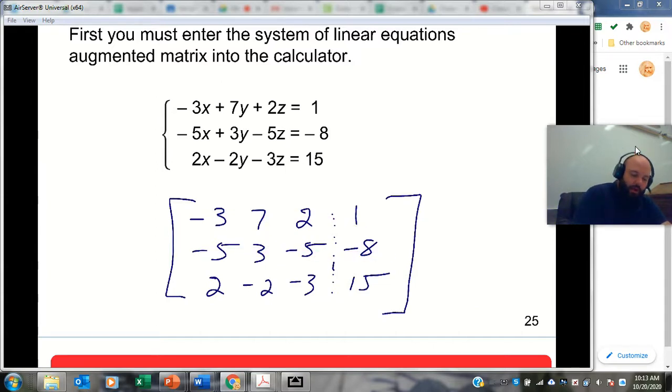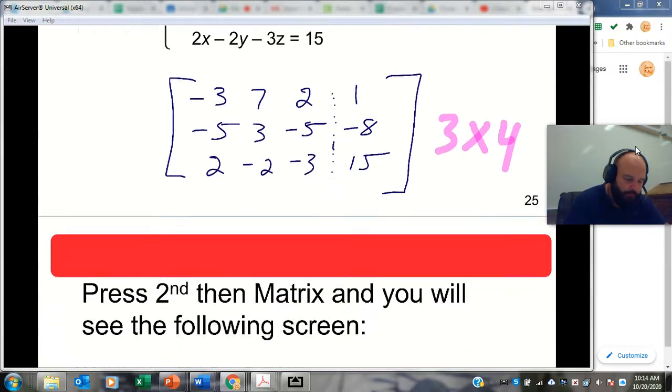Excuse me. How many rows? 1, 2, 3 rows, right? There are 3 rows, and there are 4 columns. 3 rows, 4 columns. So this is a 3 by 4. You see, I almost messed it up. It is very easy to mess up. It's how many rows, how many columns. So this is a 3 by 4.